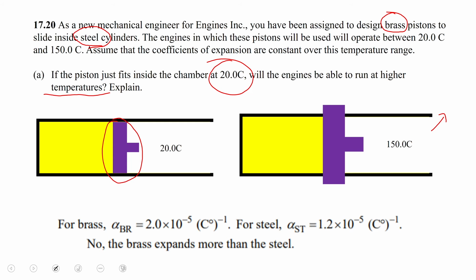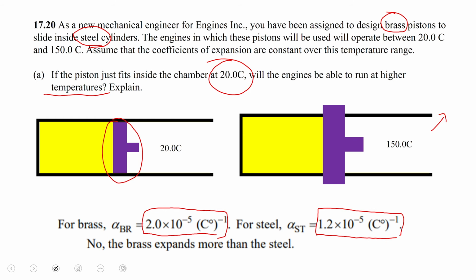So let's compare the expansion coefficients for these two materials. If you go back to Google and check the numbers of these two coefficients, you'll find that for the brass this number is very high, and for the steel this number is a little bit lower than the brass.